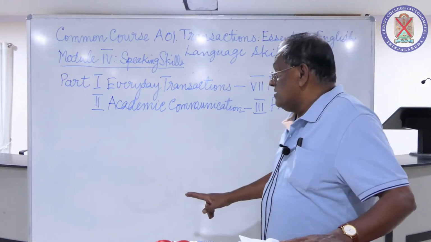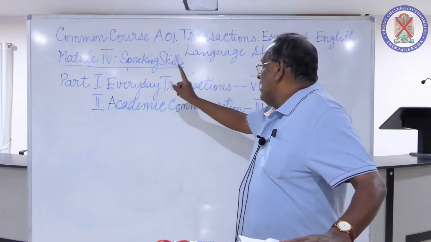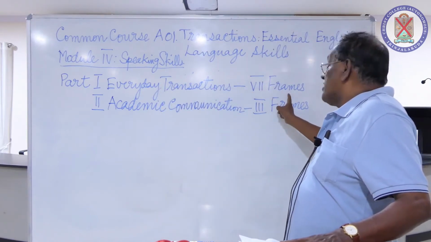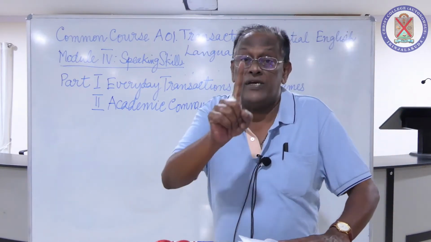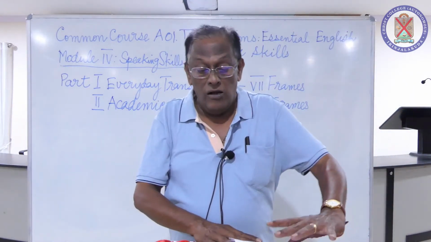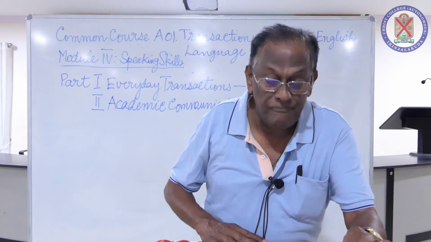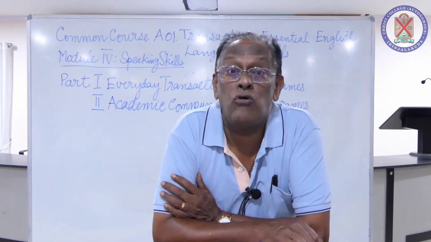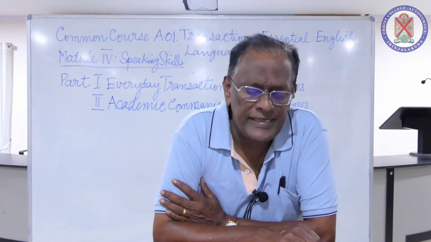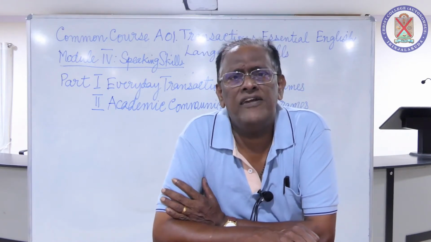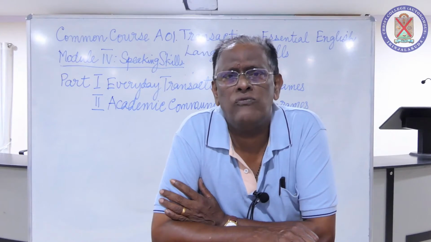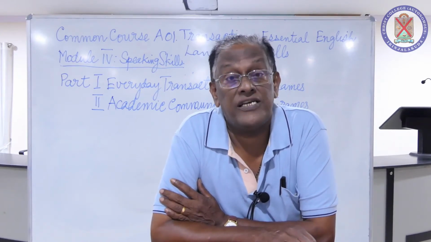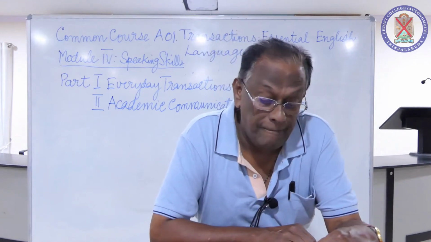So first, we are going to deal with everyday transactions, which is divided into 7 frames, and we are going to deal with the first frame. What is this first frame? Now, it is very, very important. Sounding very polite.